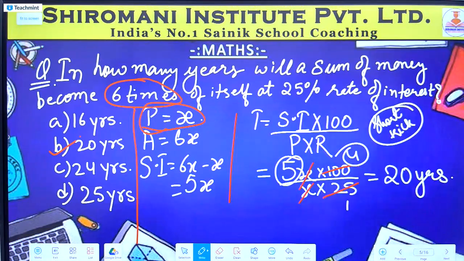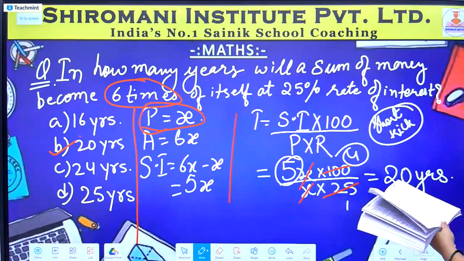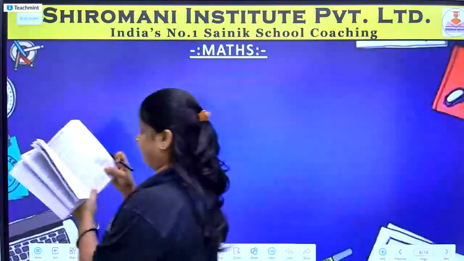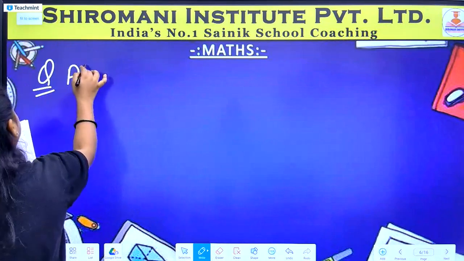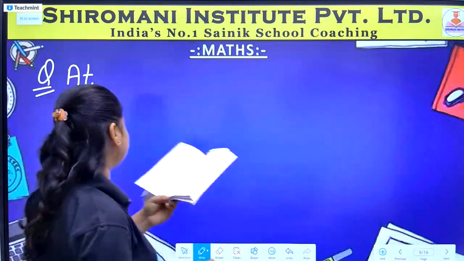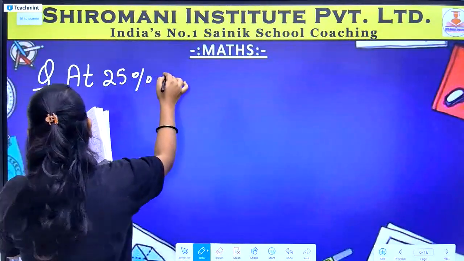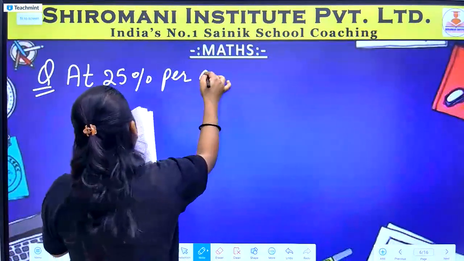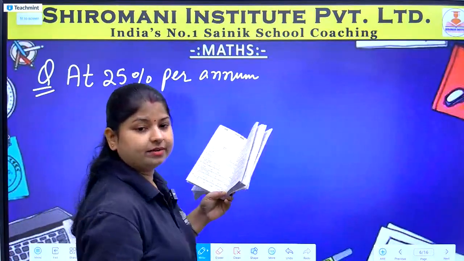Giving you the same type of question once more. Same type of question. And this question has actually come in JNV. Okay, this is a previous year question. At 25% per annum. Exit and rejoin, beta.